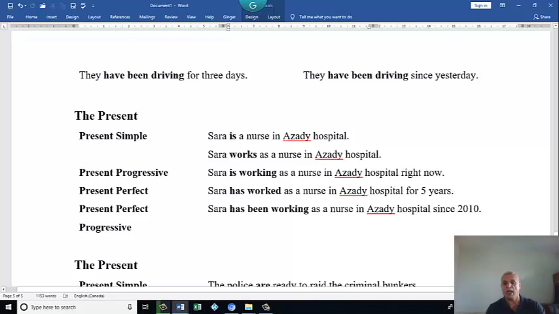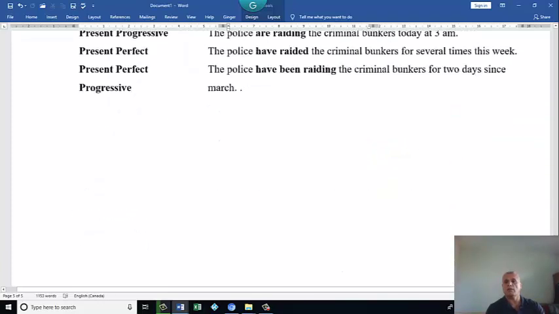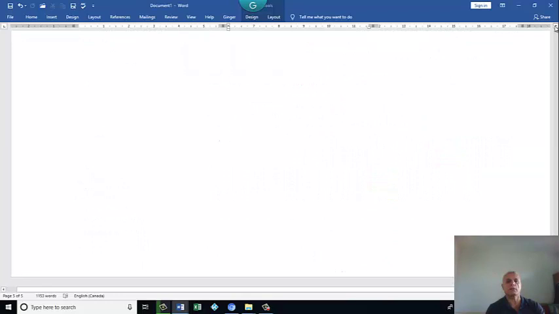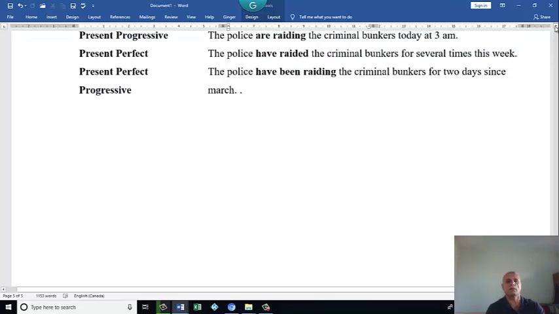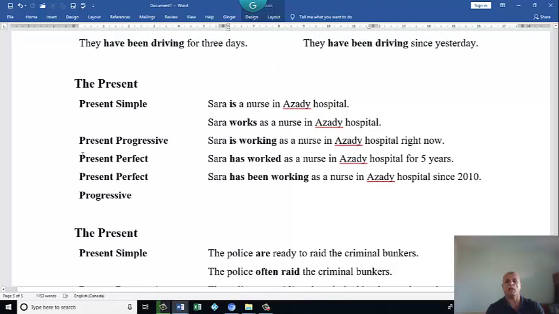Then make it present perfect. Then I have to use has plus the past participle. You say present perfect: Sarah has worked as a nurse in Azadi Hospital for 5 years. If we look at the end of the sentences, right now tells me it's progressive, something happening right now.